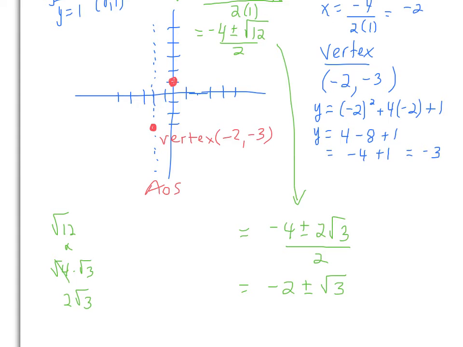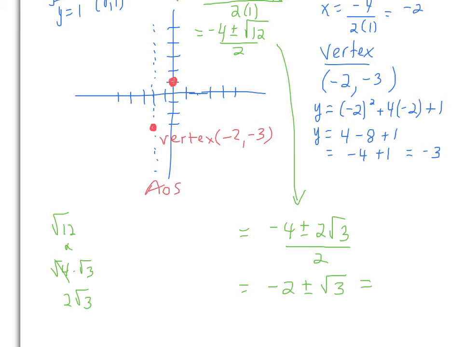Alright, well, the square root of 3 is less than the square root of 4, and the square root of 4 is 2, so the square root of 3 is something a little bit less than 2. So what we need to do is just approximate about what it's going to be. So we know it's going to be 1 point something. Okay, so -2 plus 1 point something, and then -2 minus 1 point something.